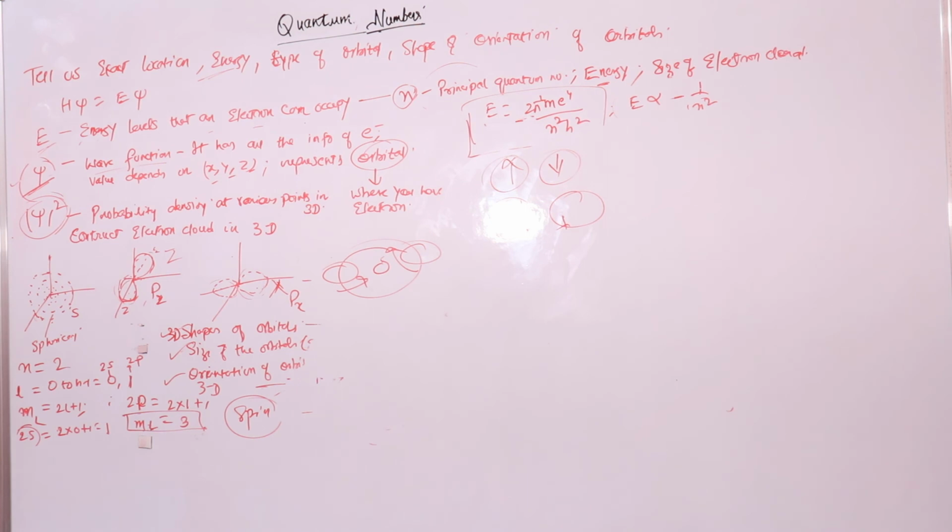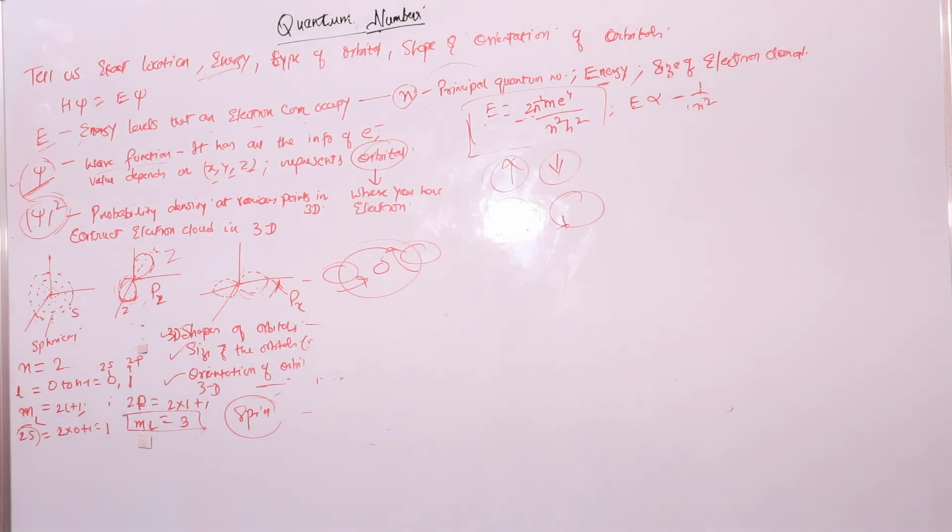So we are almost done with the topic of these quantum numbers. This is important, and you can do some practice on these quantum numbers. You will find some small calculations, like if you are given the value of n, find the value of l, and then find the value of ml.